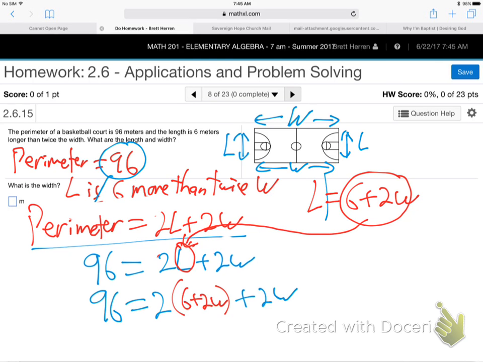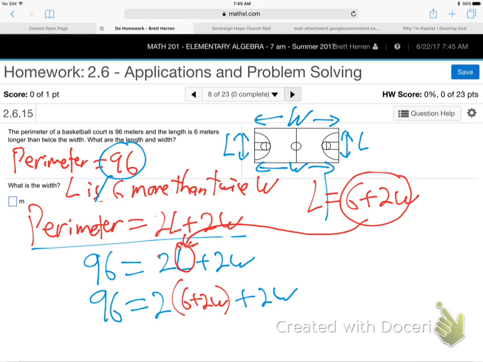So I saw L right here next to a 2. I said, hey, I see an L, it's right next to a 2. Well, right next to that 2, put 6 plus 2W, because that's what L is. Is that good? And now I've got an equation that only has one letter. I can solve it. So I'm ready to go.